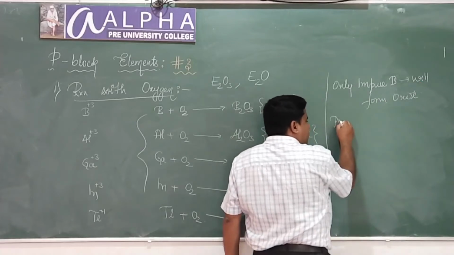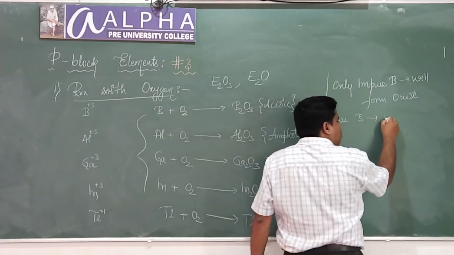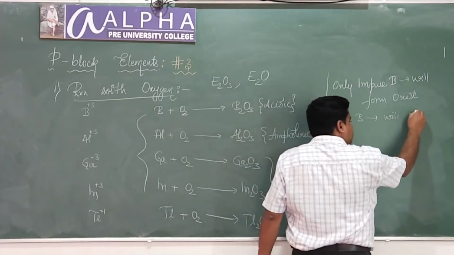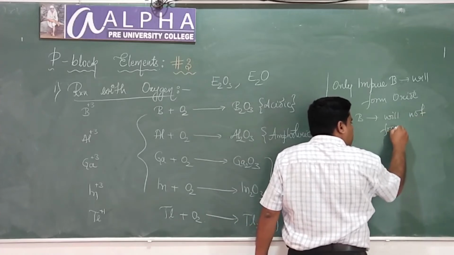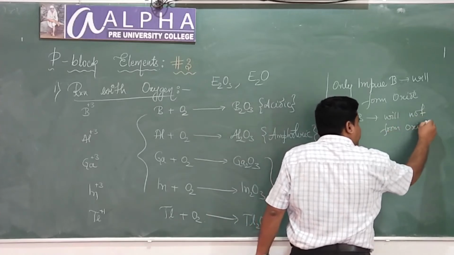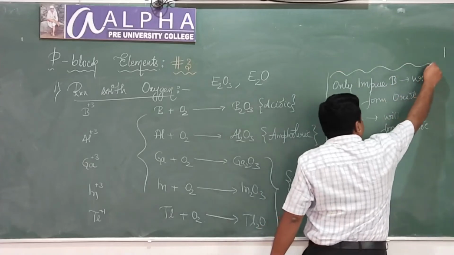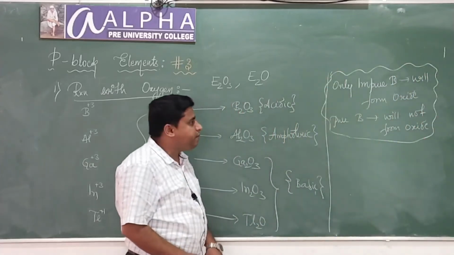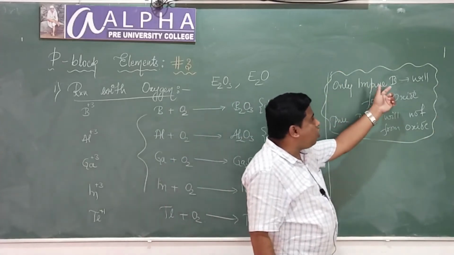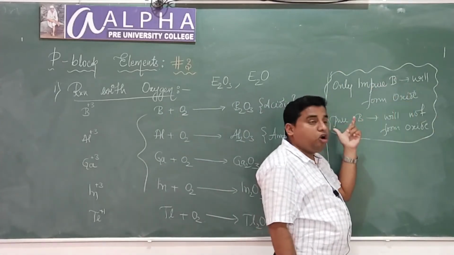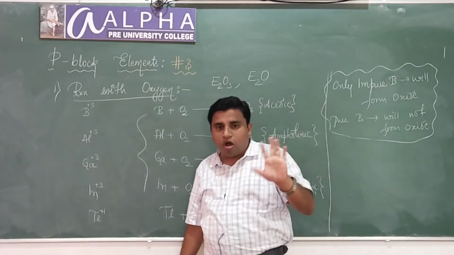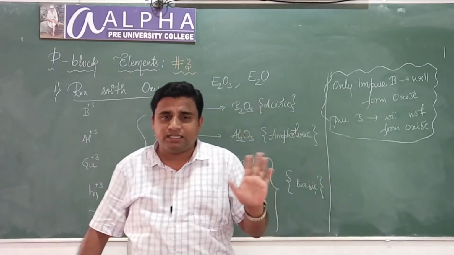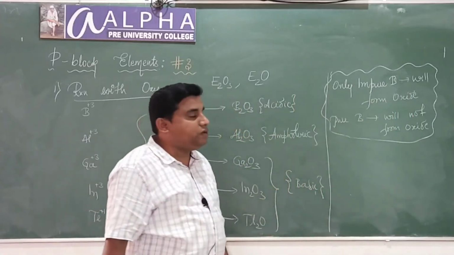Pure boron will not form oxide. Very, very important point to be noted. Only impure boron will form oxide, not the pure boron. Pure boron will not form any oxides. Only impure boron will form oxide.